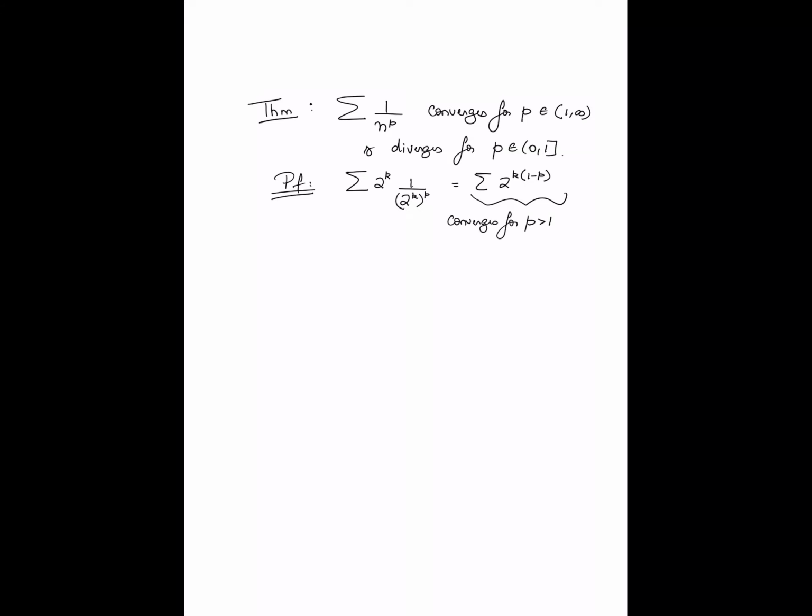That's a convergent geometric series, and it diverges for p between 0 and 1 included, right? And that in fact completes our proof, right? From the previous theorem, it completes our proof.